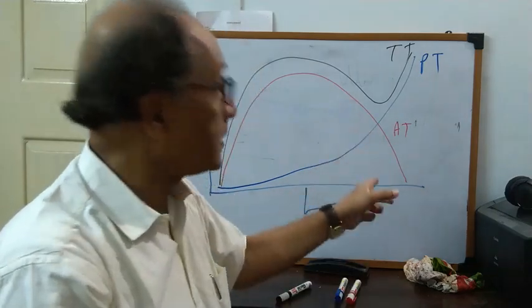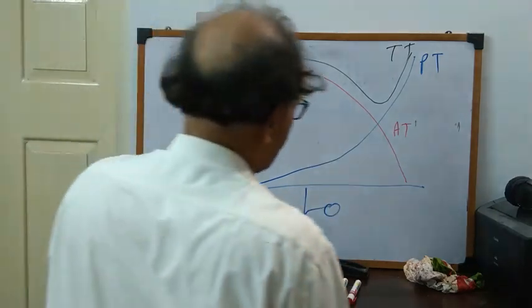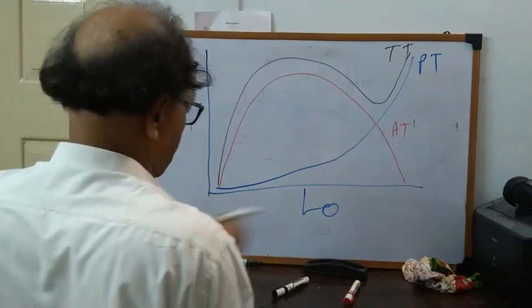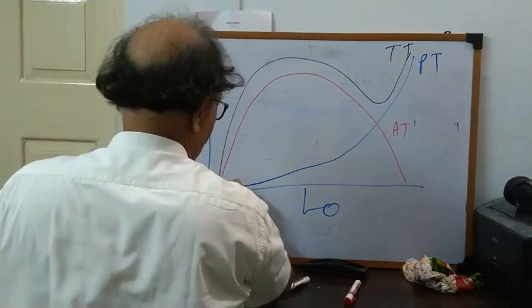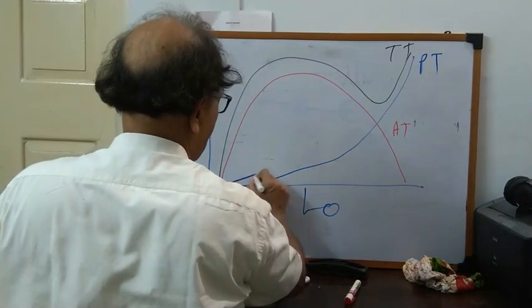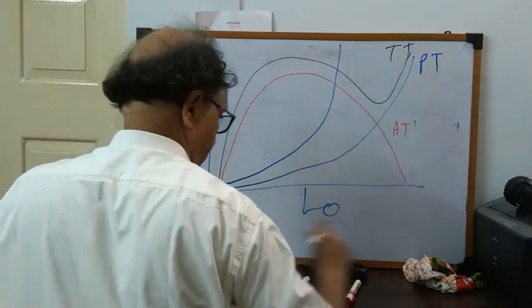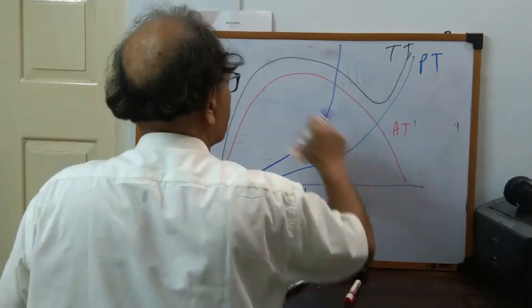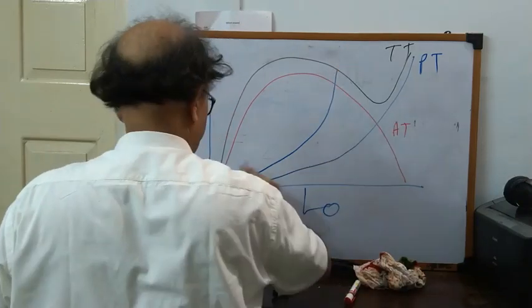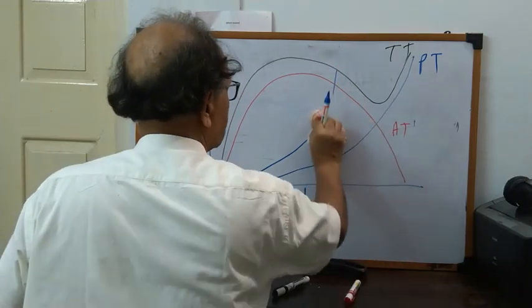If this were a cardiac muscle, the picture would be a little different, where the passive tension curve will rise much earlier, even before that.